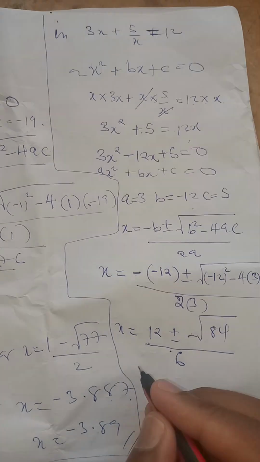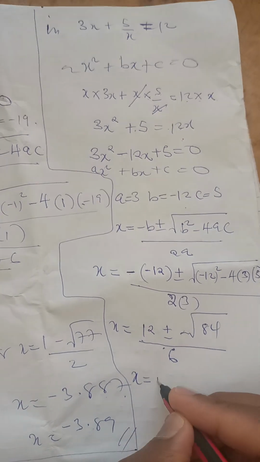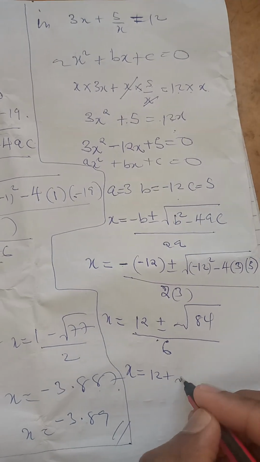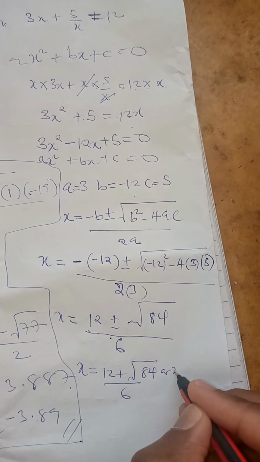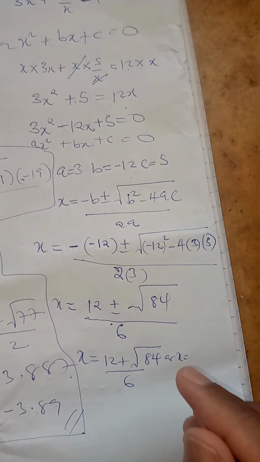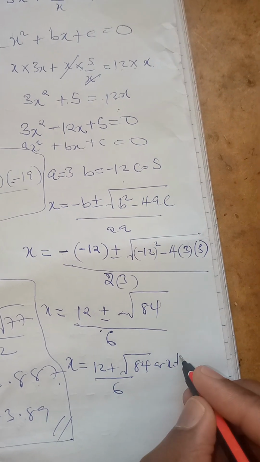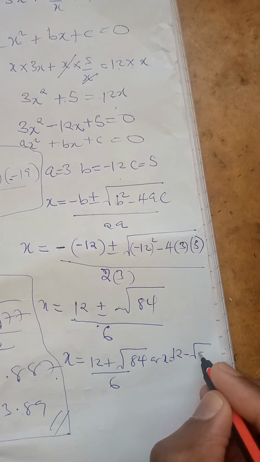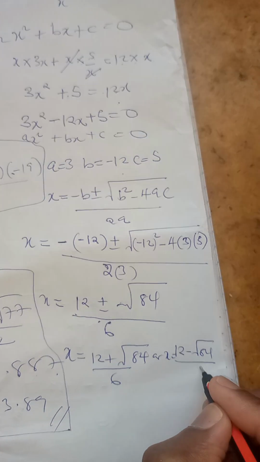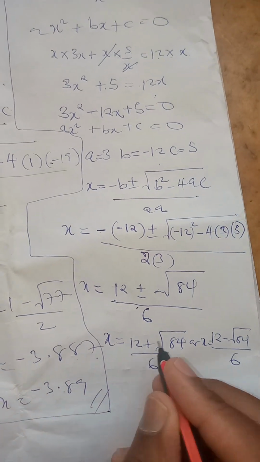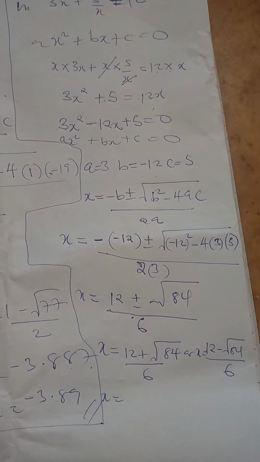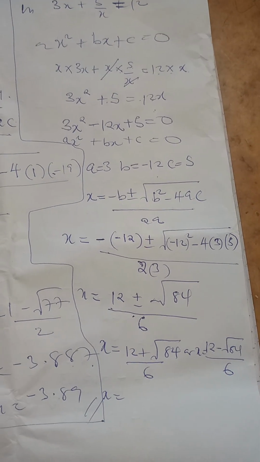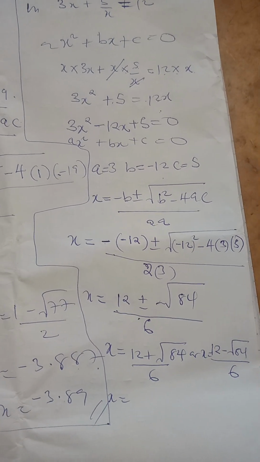Let's separate the sign. So x is equal to 12 plus the root of 84 over 6, or x is equal to 12 minus the root of 84 over 6. So we start with this part here. On your calculator, 12 plus the root of 84, then divide by 6.